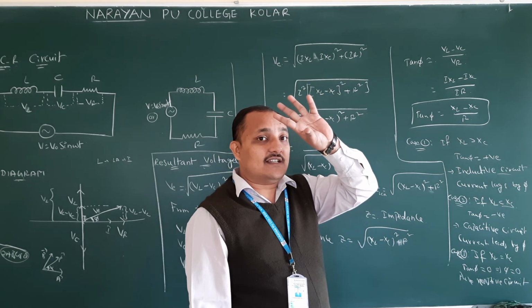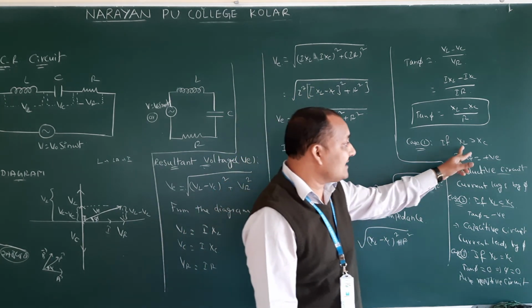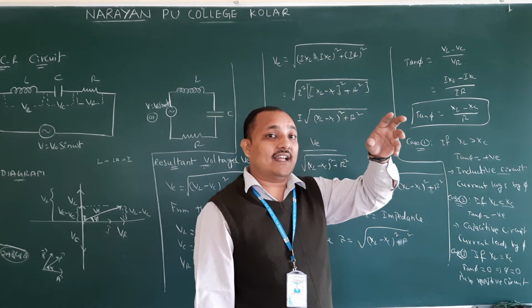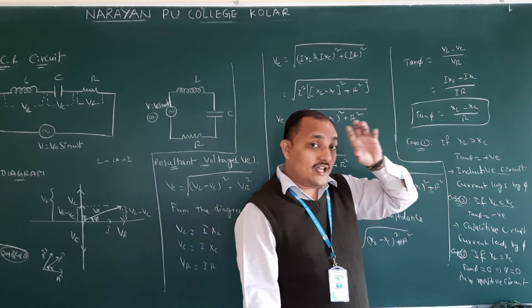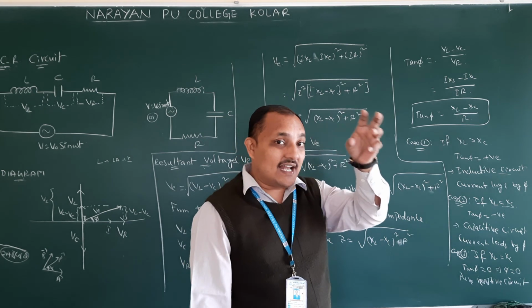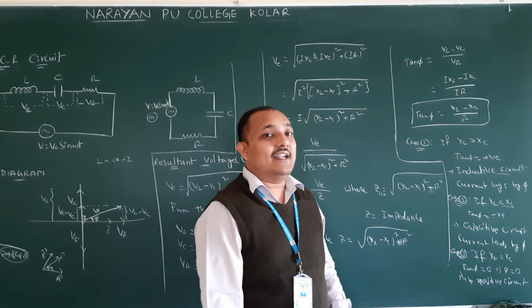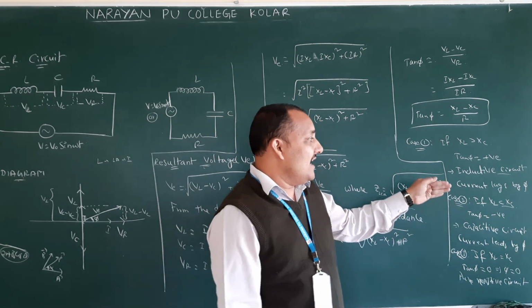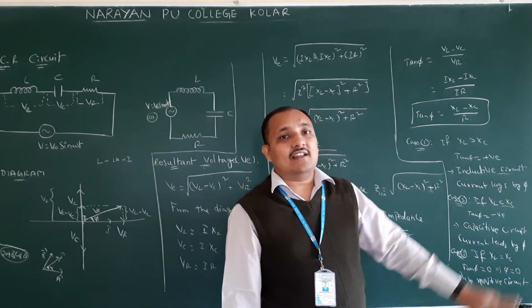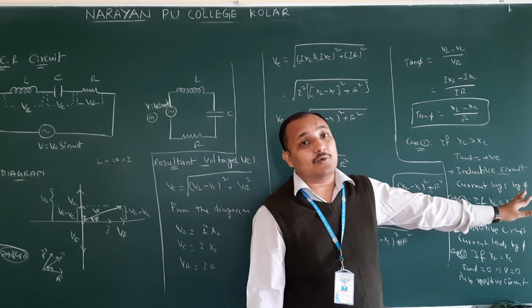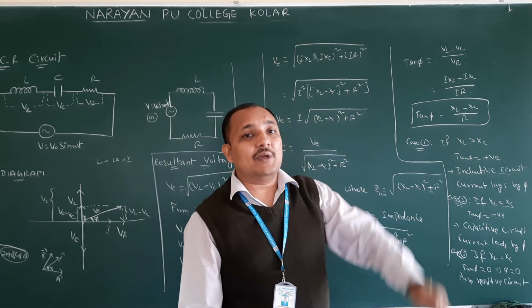In case of an LCR circuit, if inductive reactance is greater than capacitive reactance, that circuit is an inductive dominating circuit. If inductive reactance is less than capacitive reactance, then capacitive reactance is more, and it is a capacitive dominating circuit.